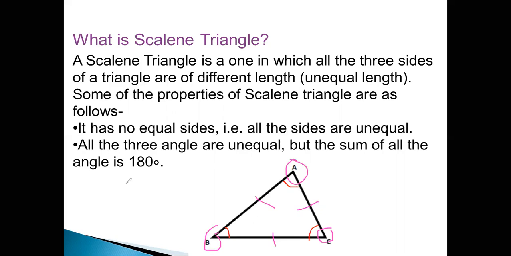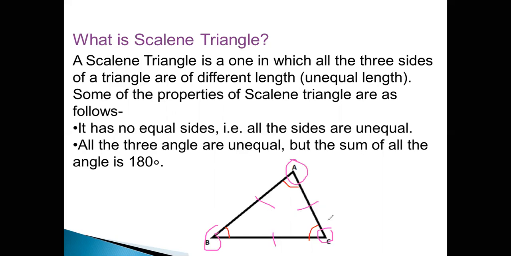Let us take the definition of the scalene triangle. A scalene triangle is one in which all three sides of the triangle are different in length. So a triangle will be a scalene triangle if the lengths of all the sides are different from each other. Here, how many sides are there?